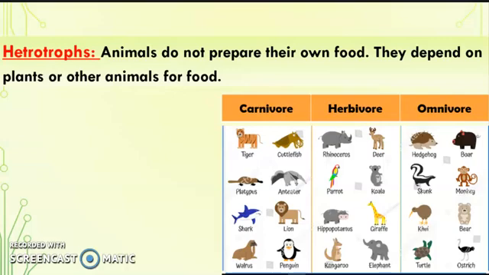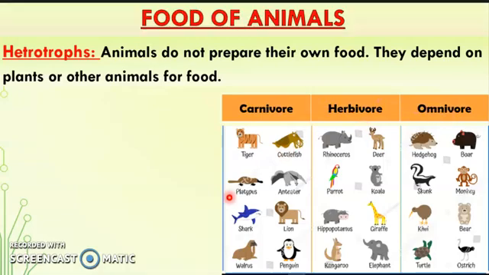But heterotrophs depend upon other living beings for their food, like plants or other animals. Therefore, the animals are divided into three groups: carnivore, herbivore, and omnivore.